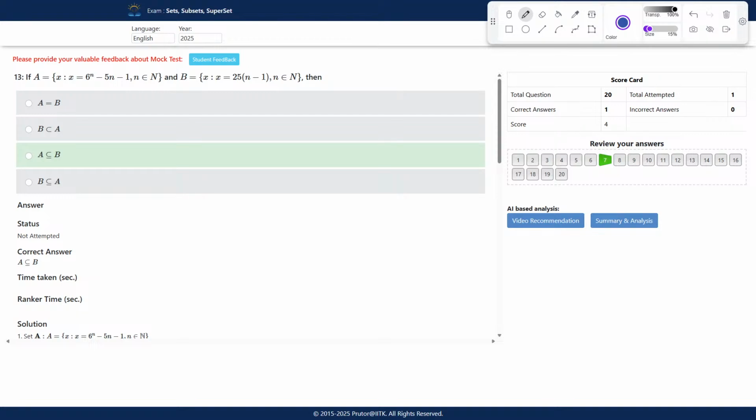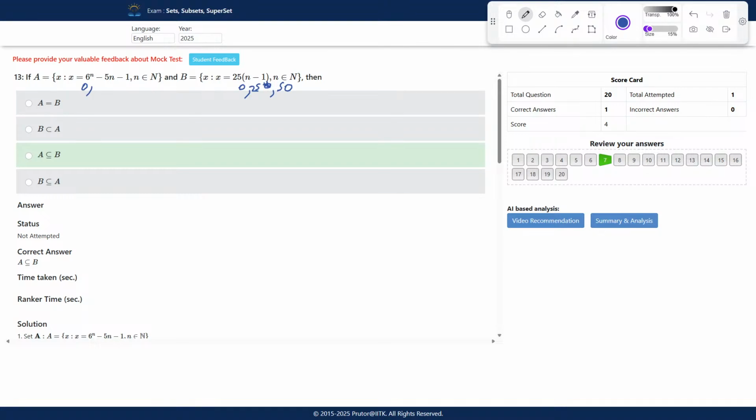If you put n as 1, this will be 6 minus 5 minus 1, which is 0. For n equals 2, this will be 25, not 50. For n equals 3, this will be 50.